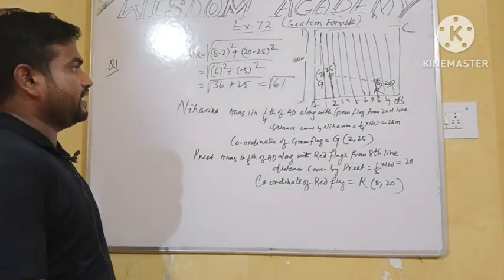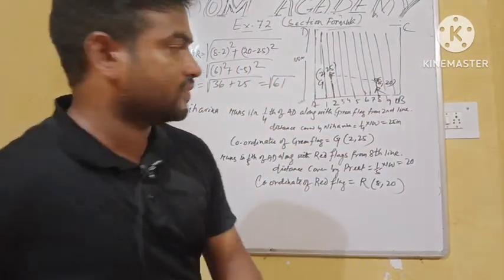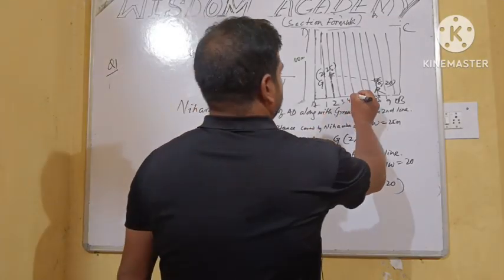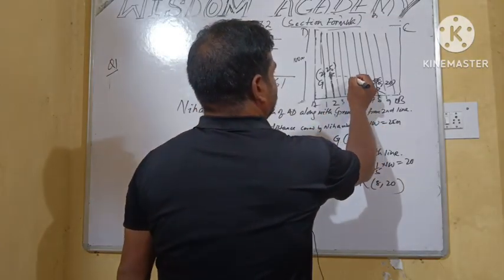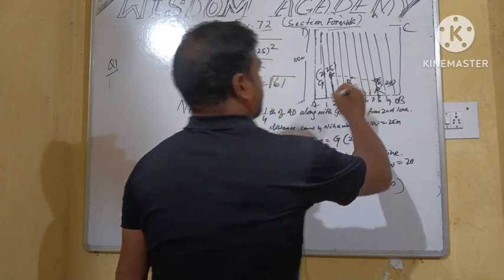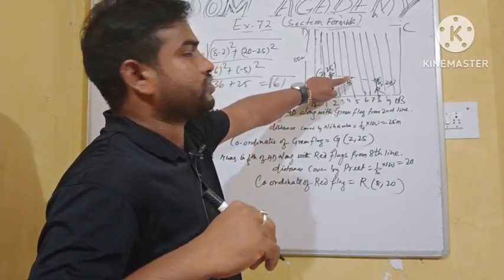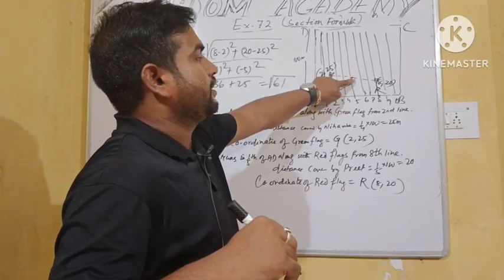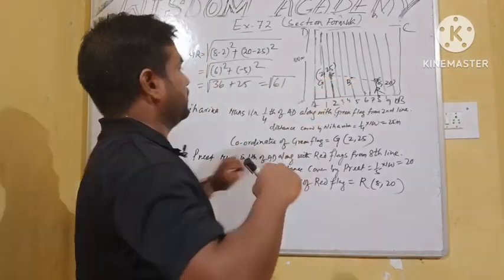Then we have to find the coordinate of the blue flag which has to be posted by Rashmi.